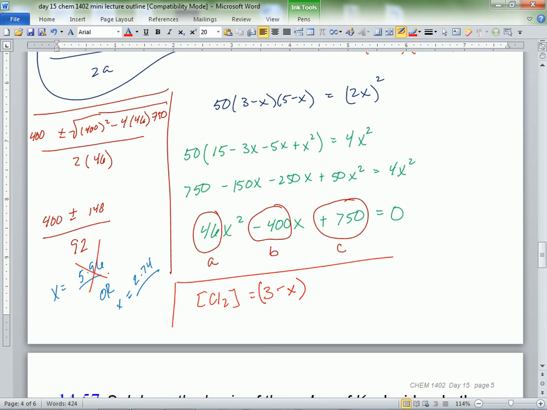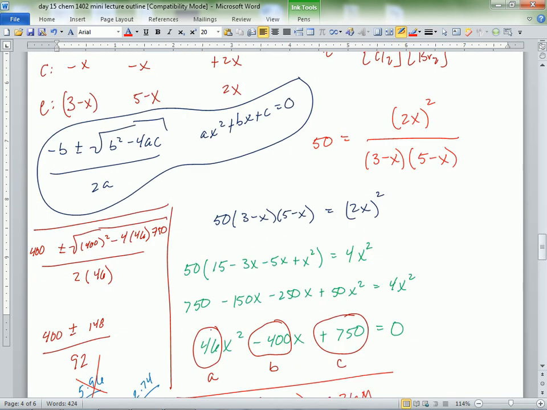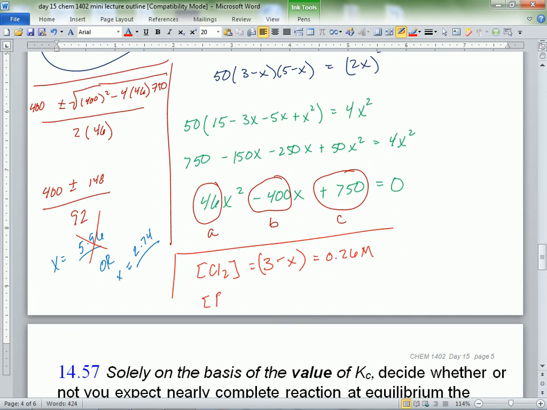No. This is your answer for chlorine. It has to be 3 minus x. So you can't have a negative answer. What is that, 0.26? What's the other one? Bromine, 5 minus x.